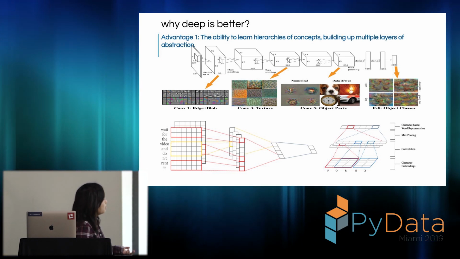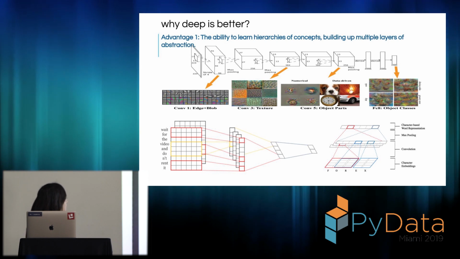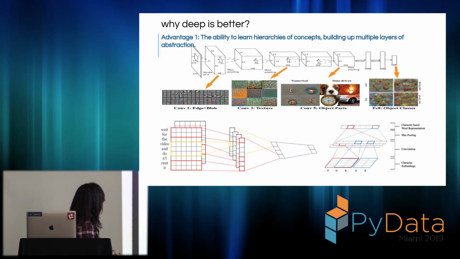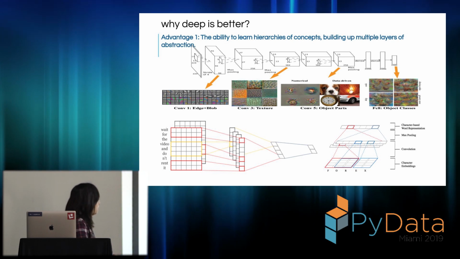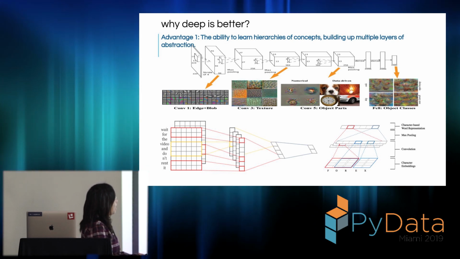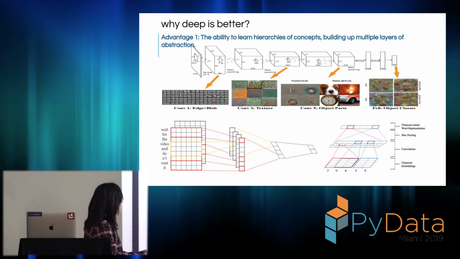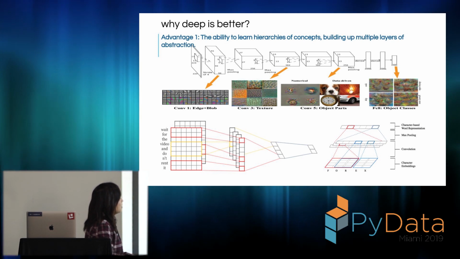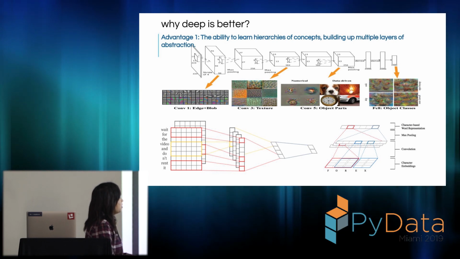If we look at the activation at each layer, you can find that the lower layers, for example the first convolution layer, can detect edges and blobs. Then the later layers detect combinations of edges and blobs that become textures, then object parts, and lastly, based on the object class, do the prediction.